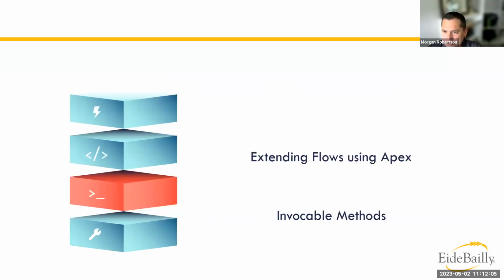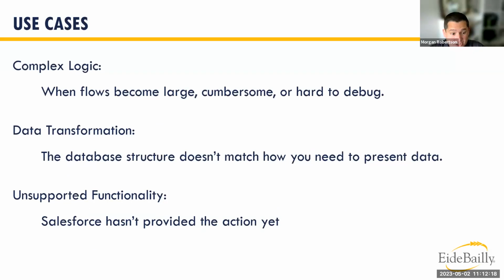So first, we're going to talk about extending flows using Apex. This is a function called invocable actions. Invocable actions are used when you need to do complex logic, something large, something cumbersome, loops, assignments, data transformations, those types of things.